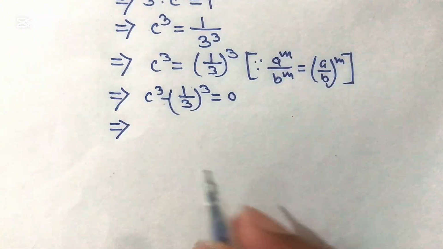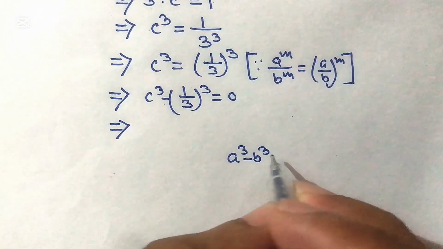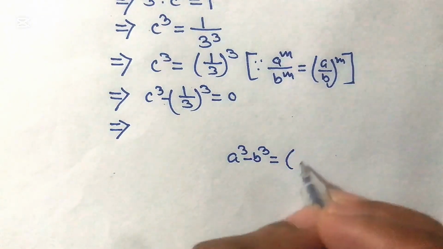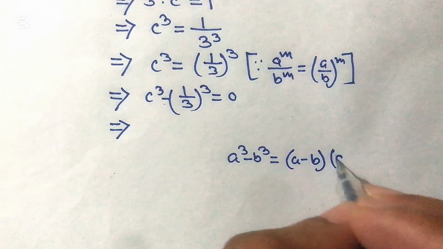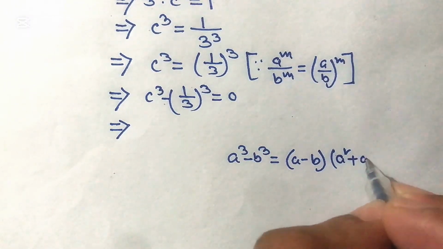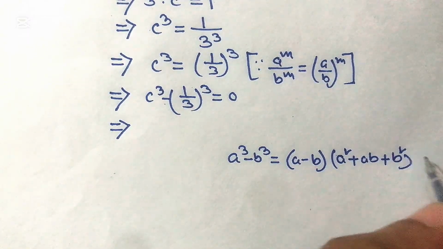We know that a³ − b³ is equal to (a − b) multiplied by (a² + ab + b²).